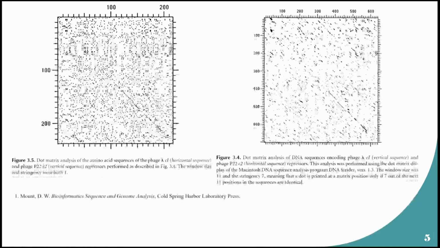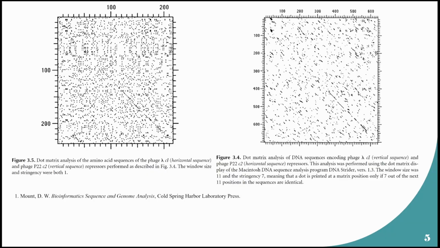Okay. So in this particular case, again, we see two sequences. One is the amino acid sequence for the 5 lambda CI, and another is the nucleic acid sequence for the same. In this case, again, you see it is particularly filled with dots.